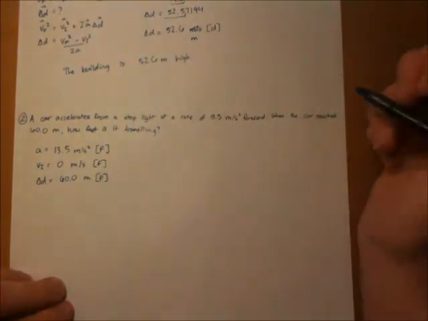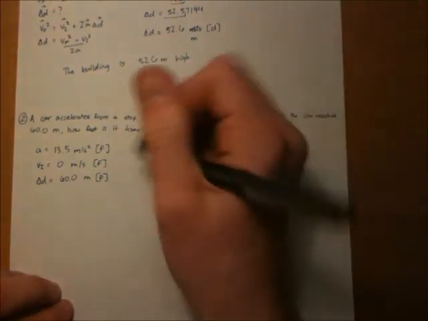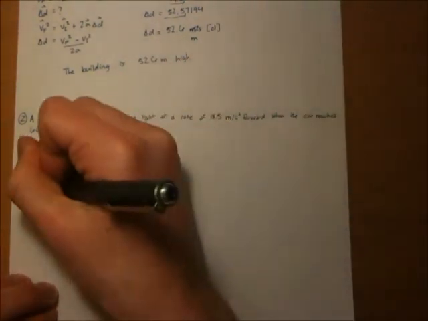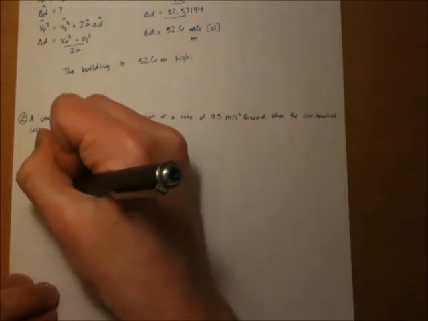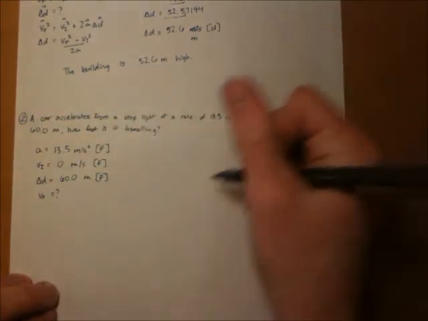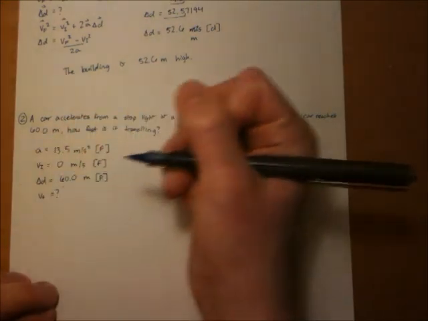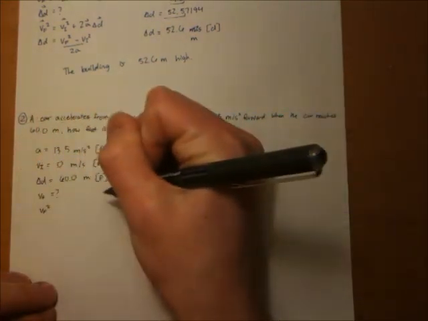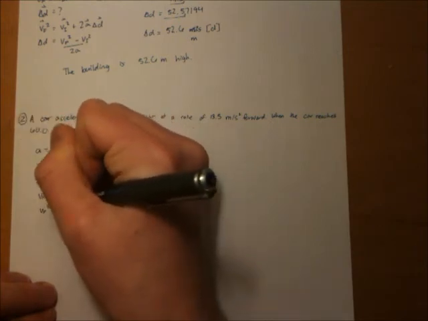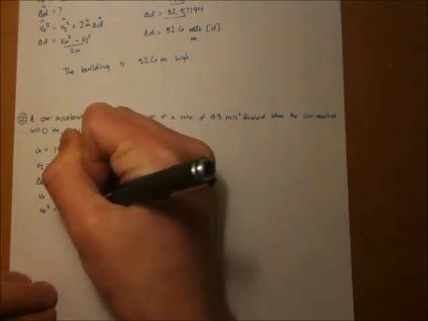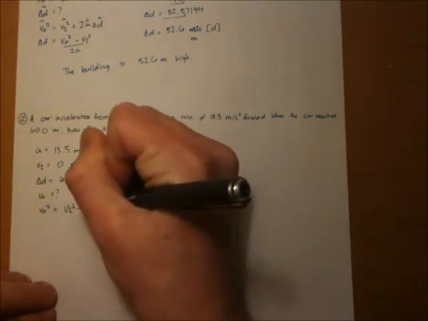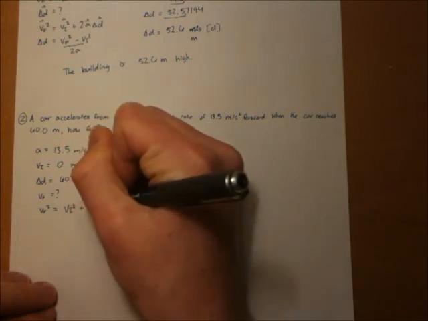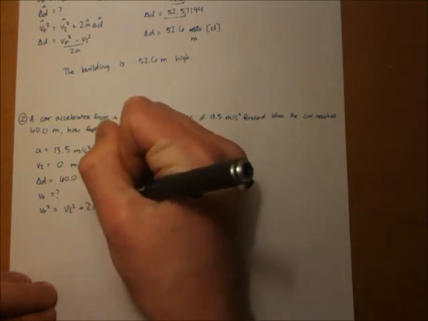Now, in this question, our required variable is the final velocity, so vf. Then we write down our original equation, vf squared is equal to vi squared plus 2a delta d.